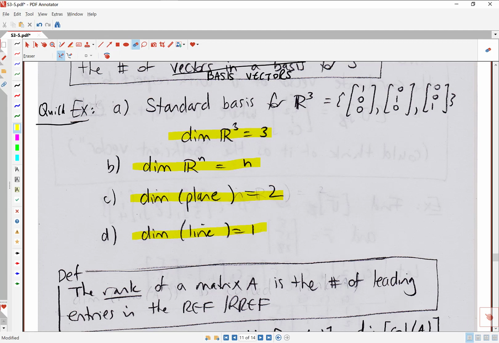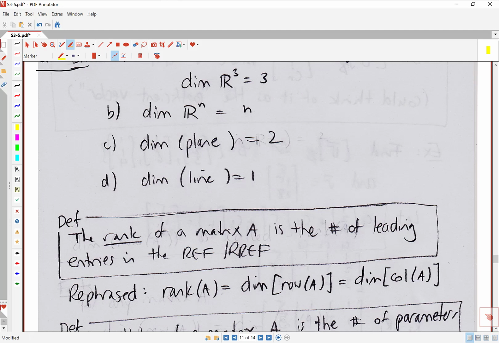So now that we understand what dimension is, we can finish tying together all the topics in this section just by talking about the dimension of the row space, the column space, and the null space. So let's define the rank of a matrix to be the number of leading entries in either the REF or RREF.